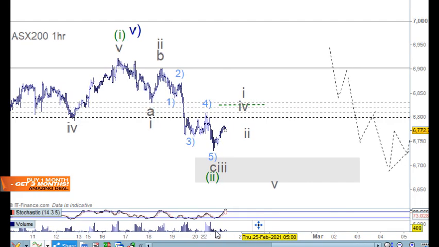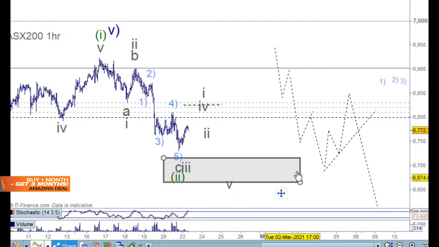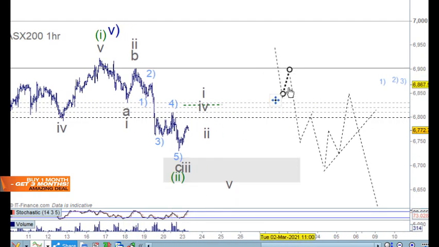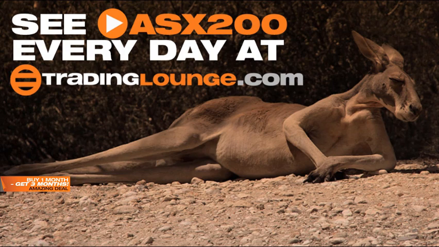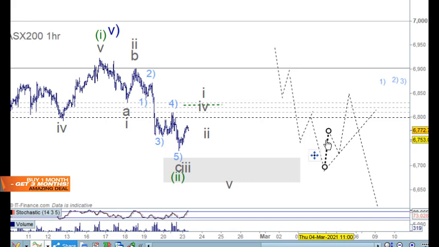Let's just imagine for a moment, we've got 1, 2, 3, 4, we still need to see this wave 4 come into play and wave 5 to come down. If we do get 5 waves down, then we can look at the ABC pattern here, and then we can look to short at that point.